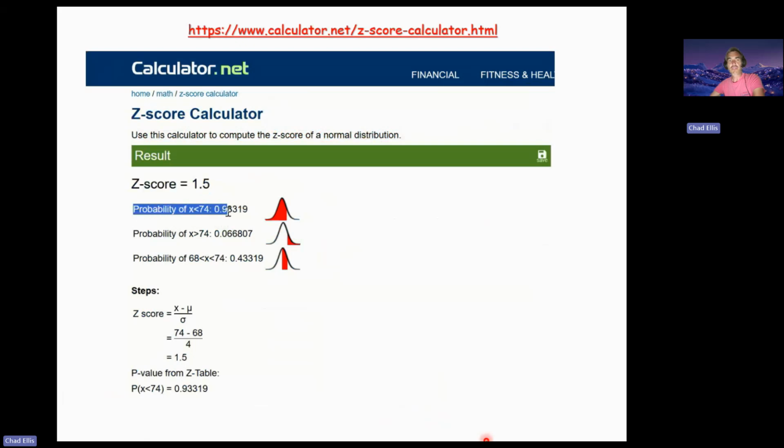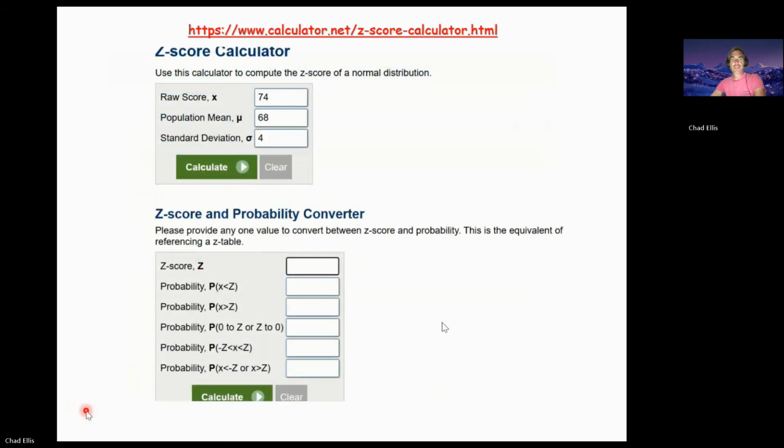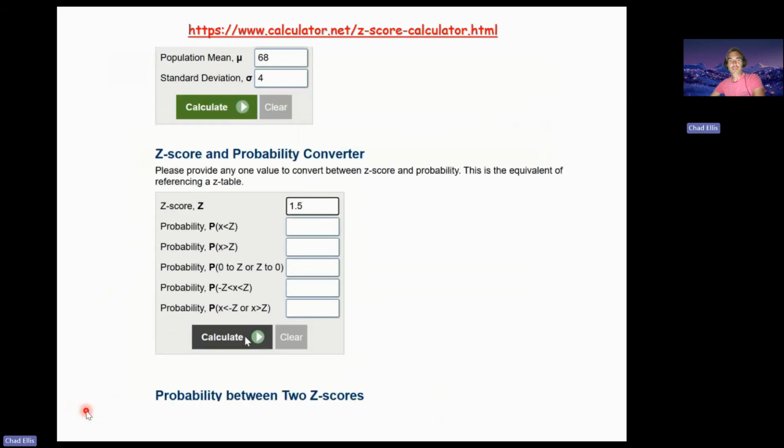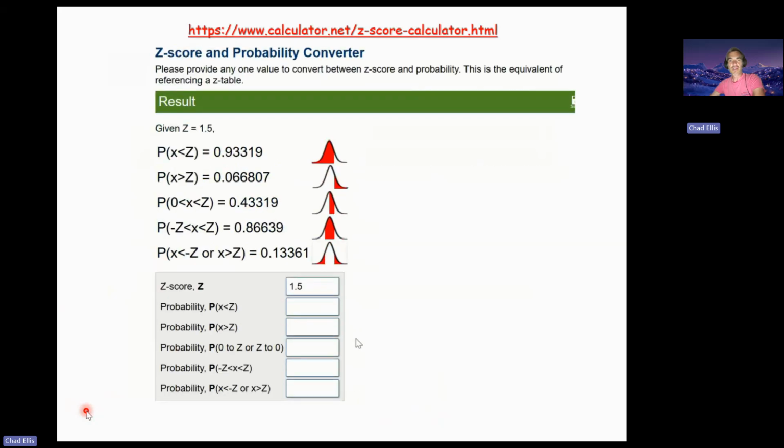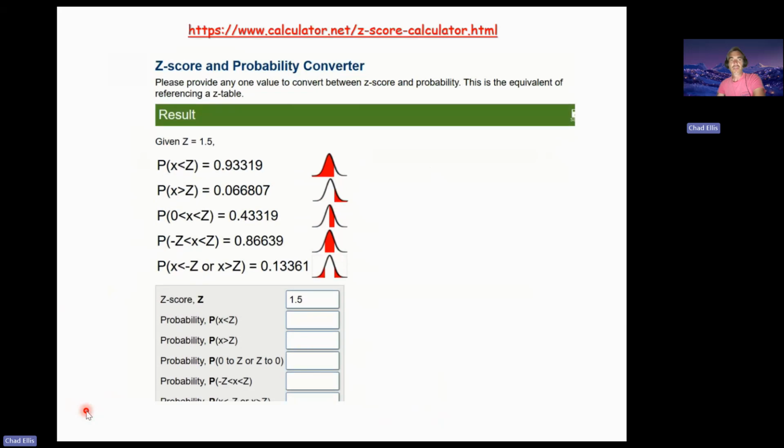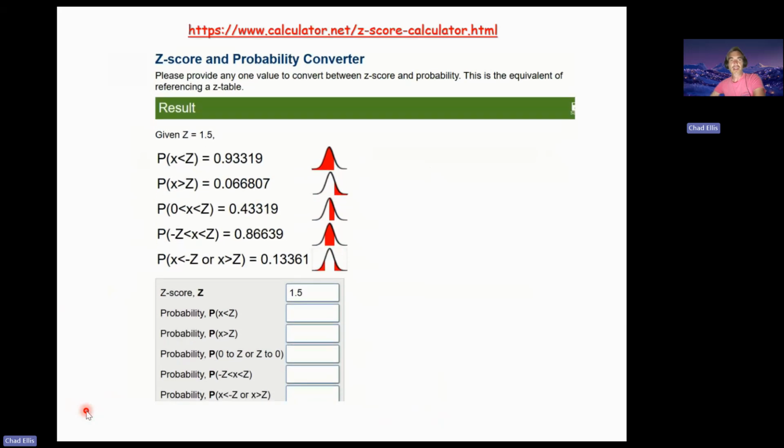You can see it also gives us our probabilities: the probability of being less than 74 and the probability of being more than 74. So you can see here the probability of more than 74 is what we calculated using the lookup tables. We can also, a little bit lower, enter the Z-score itself, hit calculate, and it gives us all the probabilities. So again, the probability of our X value being less than 1.5 is 0.933.